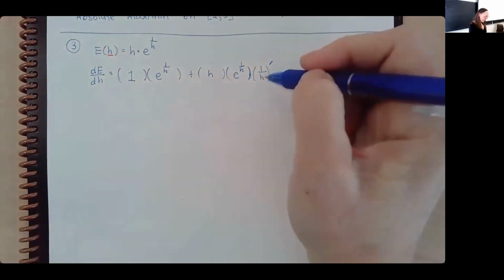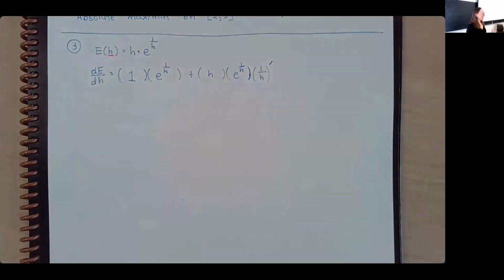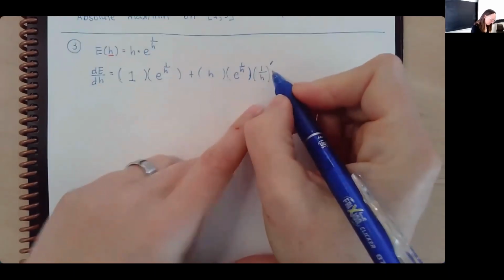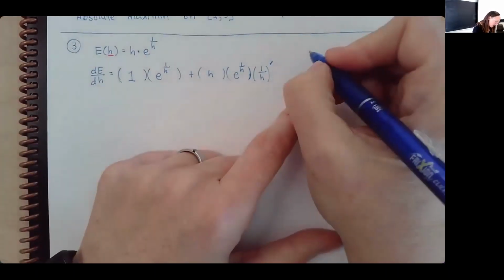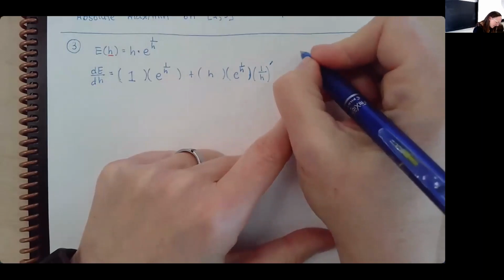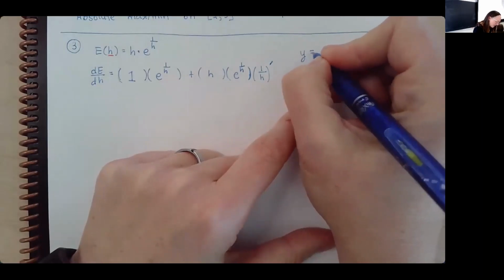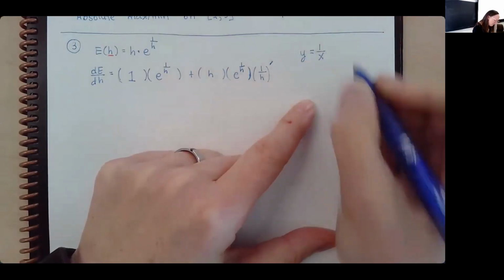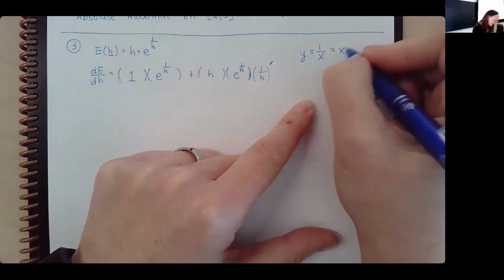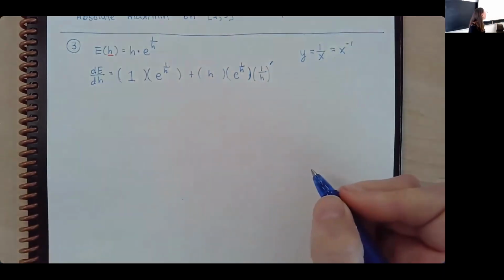Okay, so if I'm going to take the derivative of 1 over h, this happens to be one that I just have memorized because it shows up a lot. Like 1 over x shows up a lot as a derivative. But if I wanted to do that, I might come off to the side and just think about, well, what if y was 1 over x? That's the same thing as saying x to the negative 1.